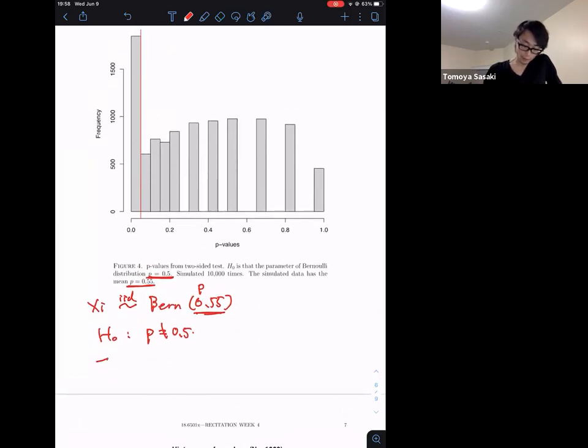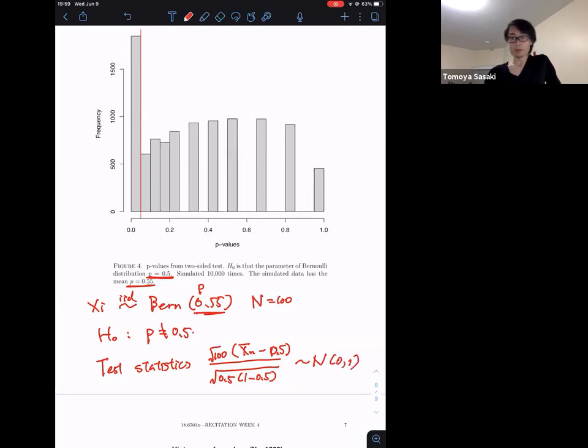So, the test statistics. It was already written in the lecture notes, so I'm not going to go into the detail, but because n is equal to 100, we're going to compute X_n. Thanks to the central limit theorem, we know that this is true.